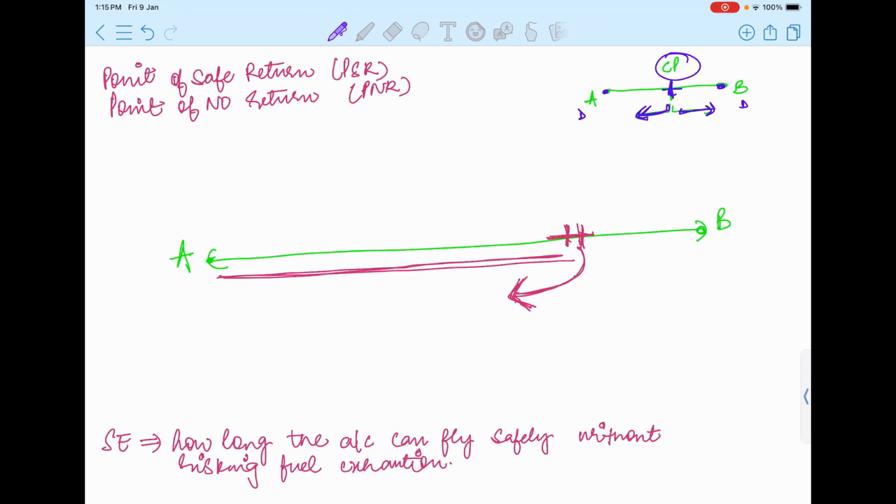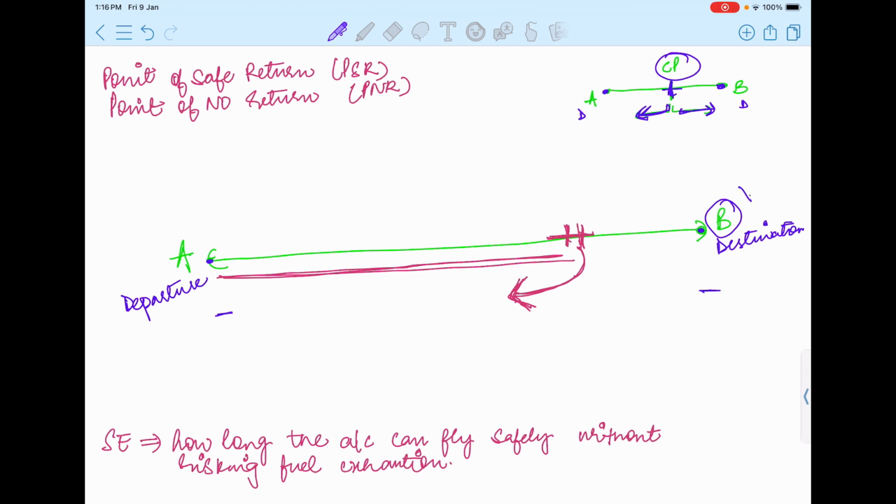But our point of safe return is when you're traveling from place A to place B, where A is your departure aerodrome and B is your destination aerodrome. You were moving from place A to place B, and some situation occurred at place B. For example, the aerodrome shut down, or the visibility was low, there was fog, thunderstorm, CB clouds, any of these things.